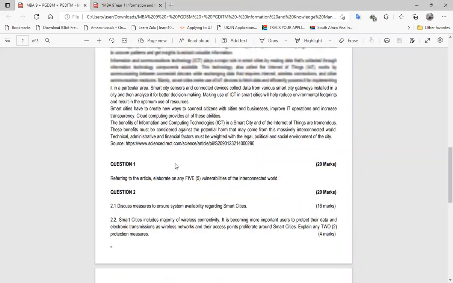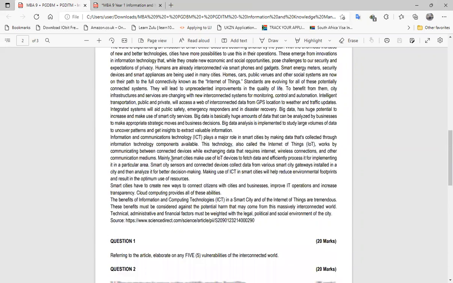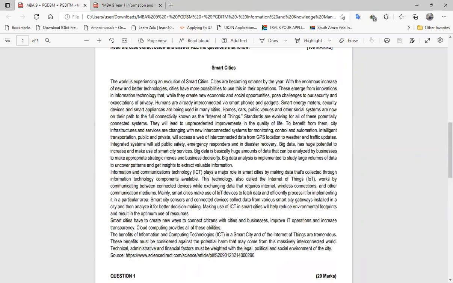All right, so this one is talking about smart cities. We're not going to read this because sometimes the case study might not just be giving you a storyline. So sometimes the questions that are going to be asked might not be things that are within the case study itself.